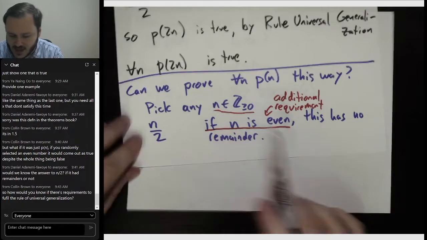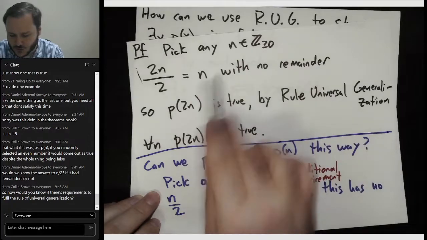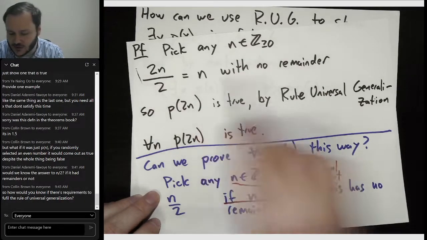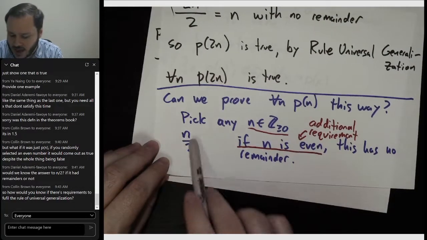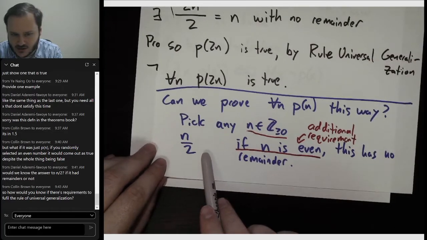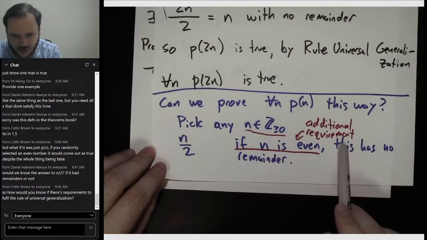So if you want to say this has no remainder, that's true for 2n: the 2's cancel, there's an n left over, there's no remainder. Here, you can't cancel a 2. If you're claiming this has no remainder, you needed to know n was an even number. That's the additional requirement.